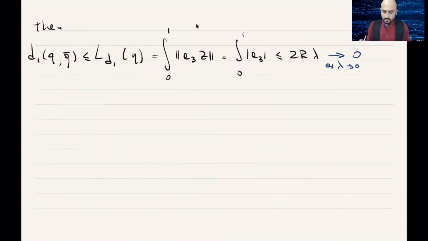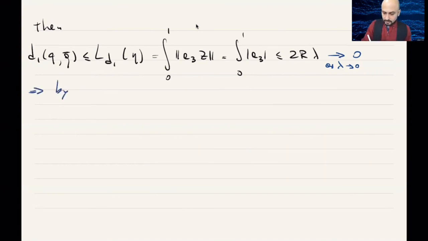Therefore, these two points are converging to each other. And therefore, we can use the ball box theorem. So eta bar is converging to eta, and for lambda small enough, we can bound.